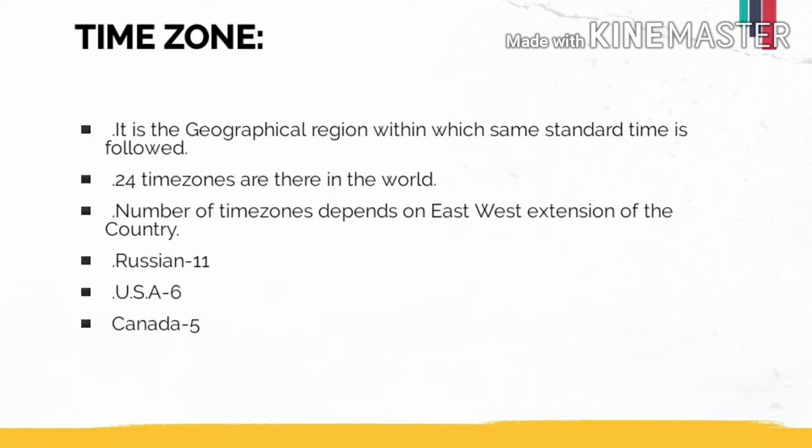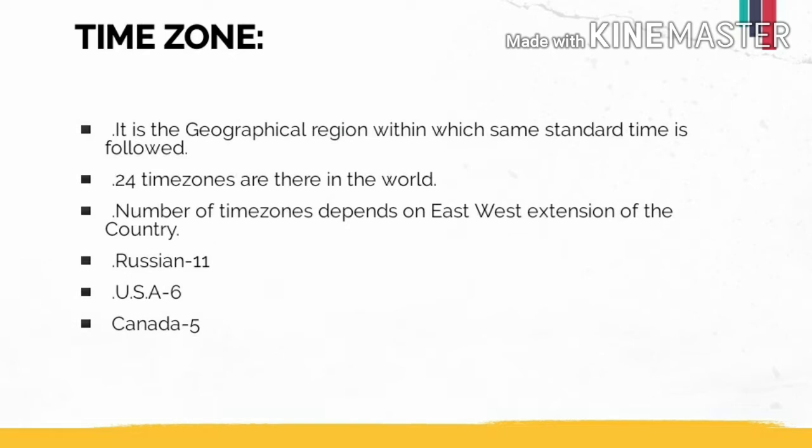There are around 24 time zones in the world, and the number of time zones a country has depends on its east-west extension. For example, Russia has around 11 time zones, since it's very extensive, USA has 6 and Canada has 5 time zones.